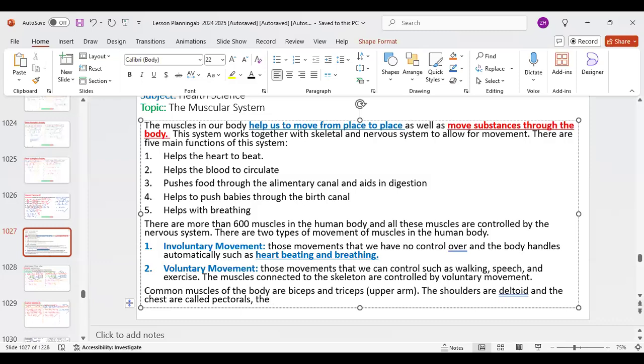The buttocks are called gluteus maximus.